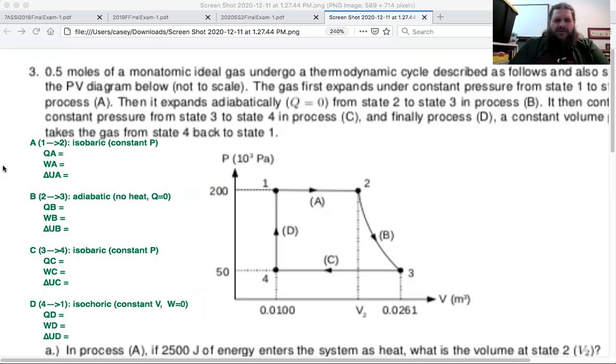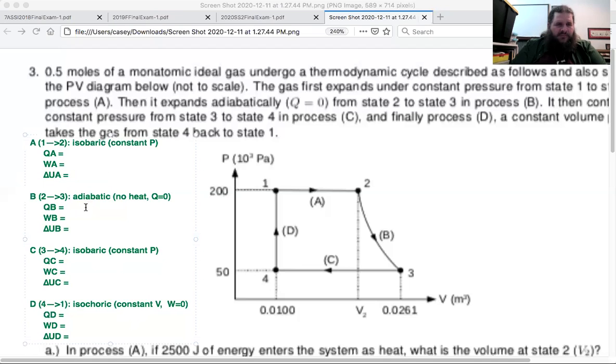So let's try this. Are there any of these that we know right away, just from the type of process involved? Yeah, so for process B, Q_B will be equal to 0.